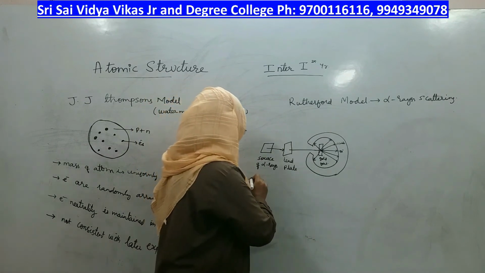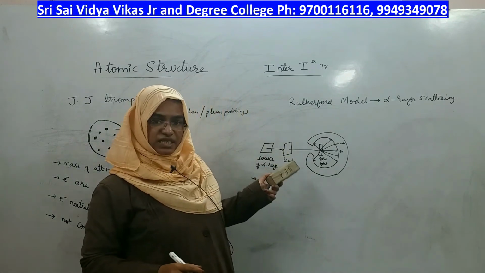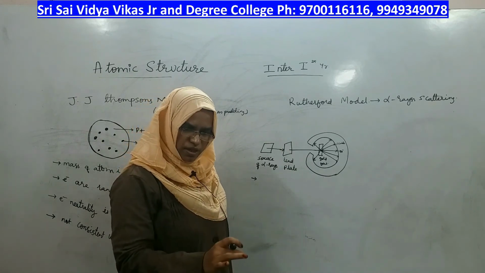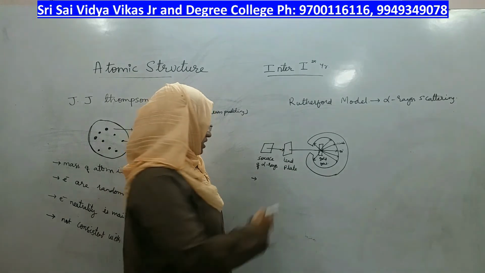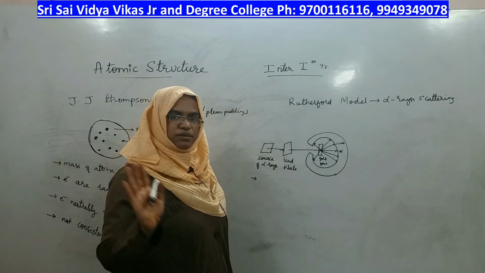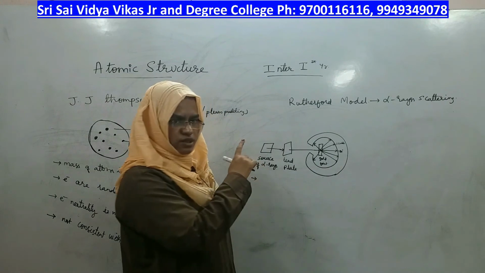Now, he carried out an experiment. He has not just proposed a model, he has carried out the experiment, and based on the results he proposed that unlike J.J. Thomson, the arrangement of atoms is something else. What is that? Let us first look at how he performed the experiment.